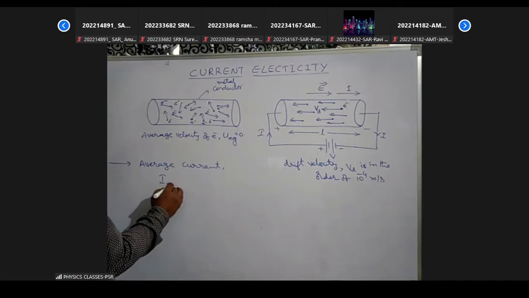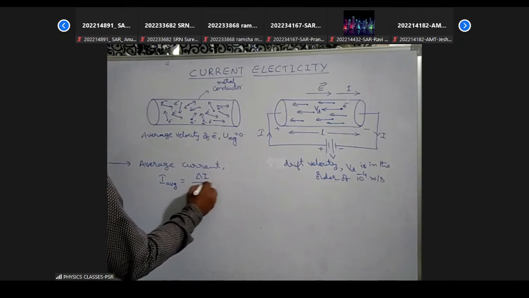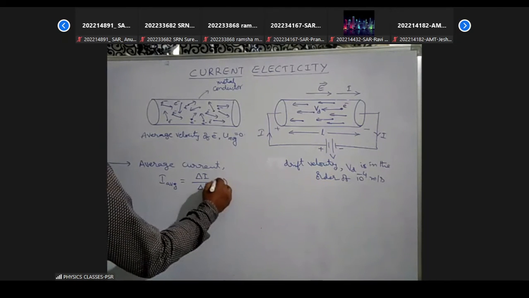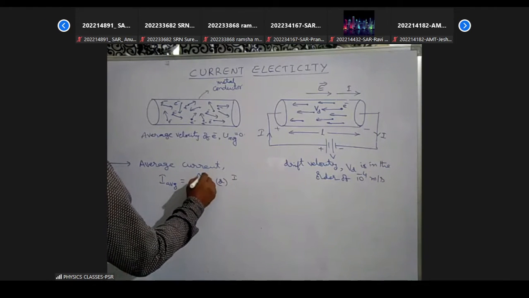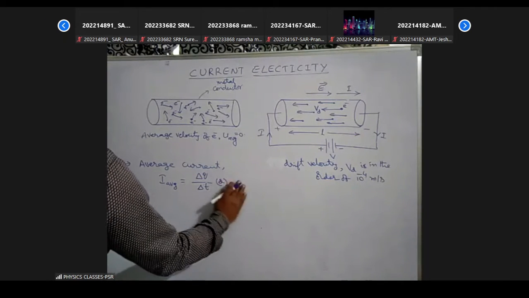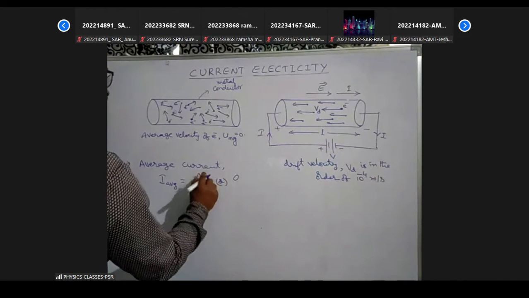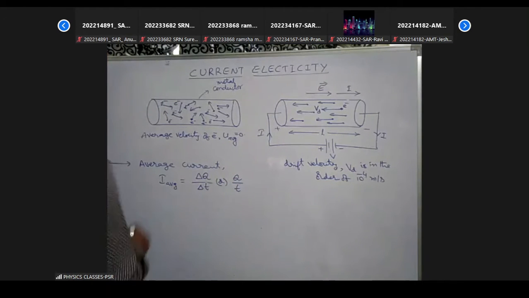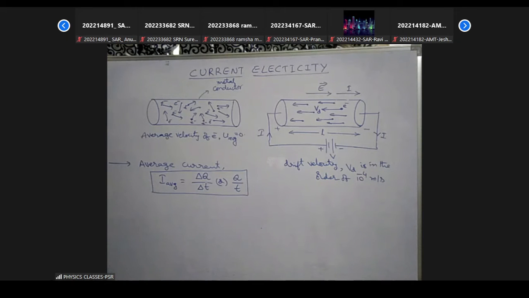Average current, I average, is equal to the charge flowing in unit time, delta Q by delta t, or simply Q by t. This is the expression for average current.